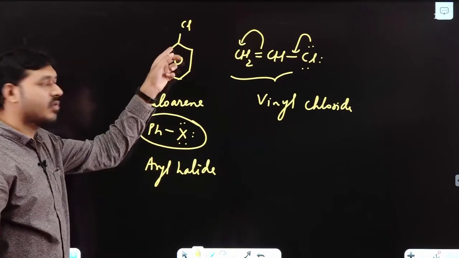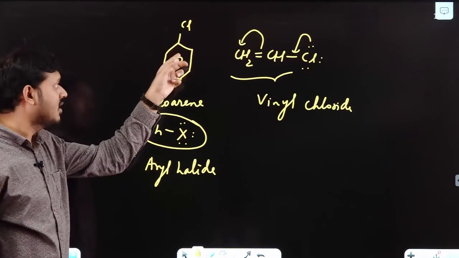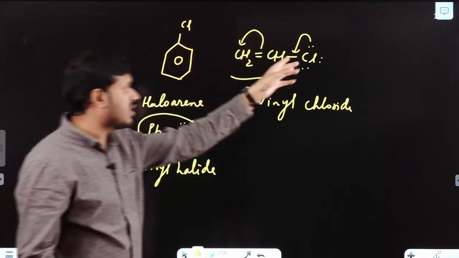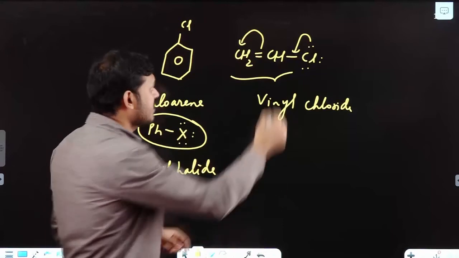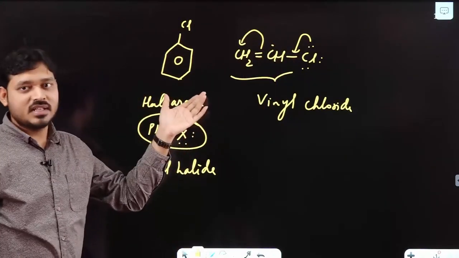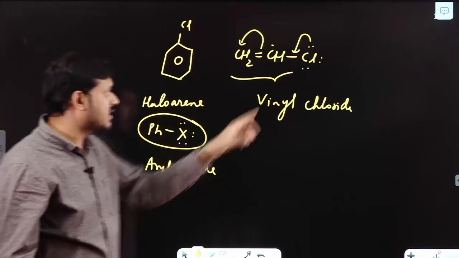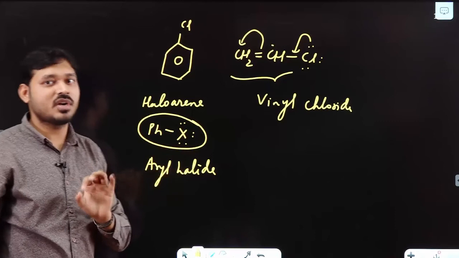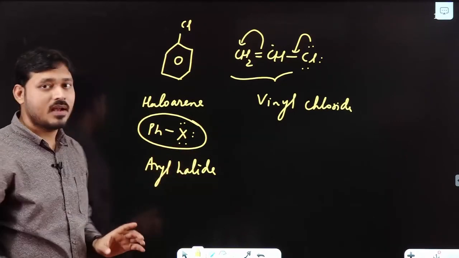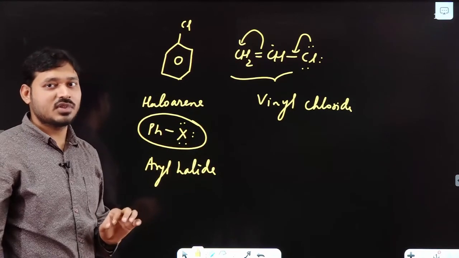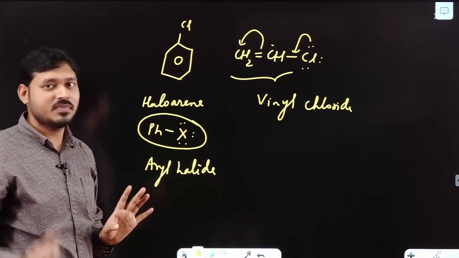Reason: here the carbocation generated will be highly unstable because the carbon having the pi bond will be having the plus charge. Here also if Cl minus is liberated, the plus charge will come on this carbon which is having the pi bond. So in both the cases the carbocation is highly unstable. Another thing is both are conjugated systems. So in those cases SN1 is not favorable. Remember this thing. Also I told in the case of CH3F, and also in the case of bridged carbon atoms, SN1 is not favorable. Okay.